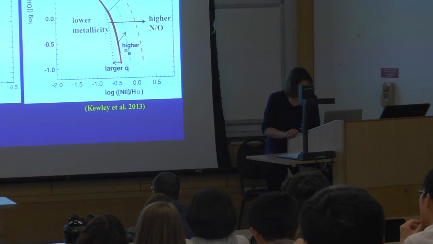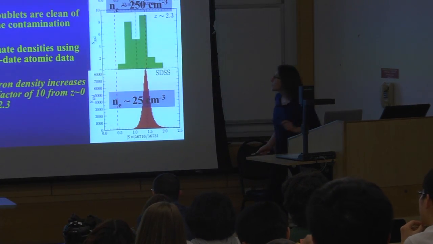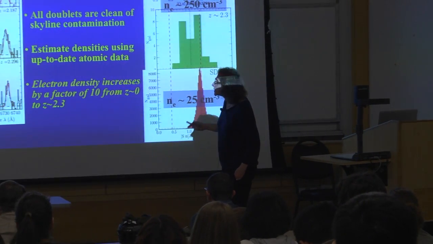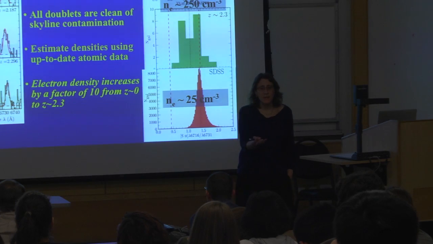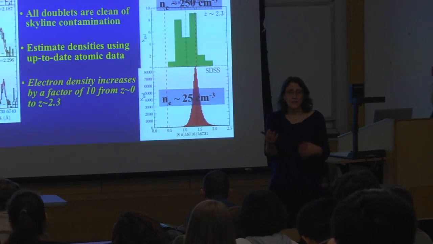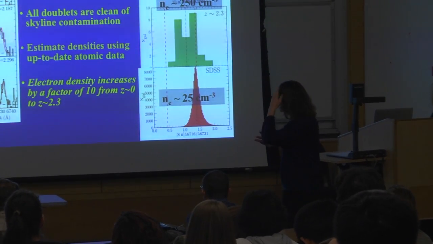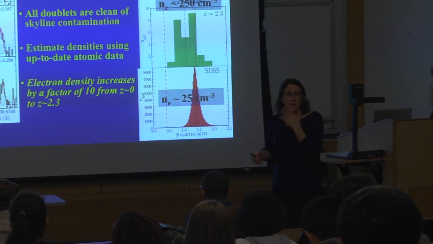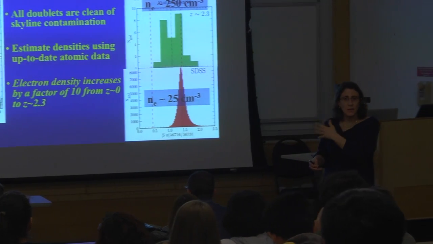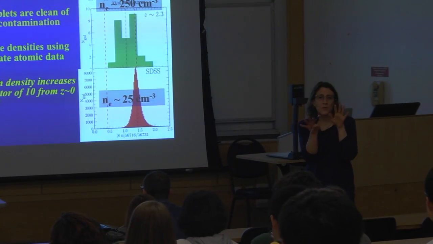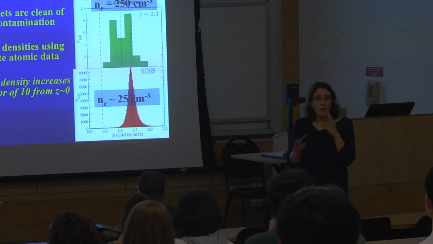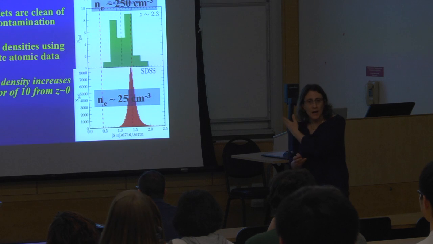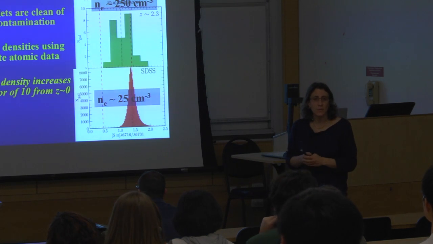It turns out that the ratio of these doublets is sensitive to the density of the gas in the H II region. Basically, it's sensitive to the presence of collisional de-excitation in the gas. If you're in a low density regime, the line ratio is going to asymptote to one extreme, and if you go to higher density, you'll asymptote to a different regime.